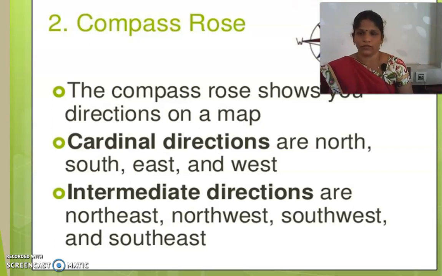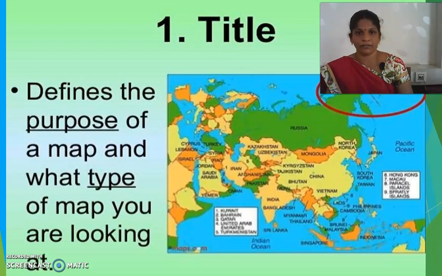Then the second is compass rose. The compass rose shows you direction on a map. In the previous map of Asia we saw a letter N. That arrow mark shows up. N means north. Always the top of the map indicates the north direction.